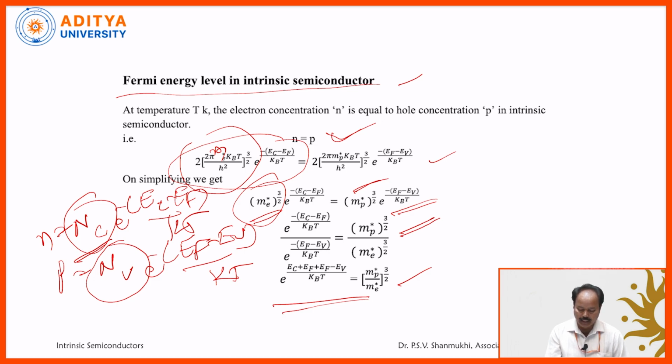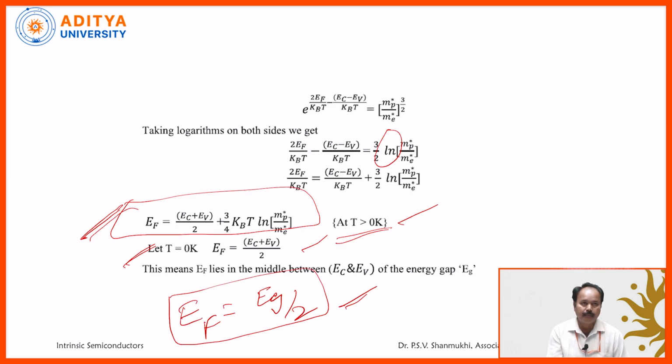Just substituting expressions for n and p, on simplification we get Ef is equal to (Ec plus Ev) by 2 plus 3 by 4 kT log (mp star by me star), and taking T is equal to 0 degree Kelvin, it is (Ec plus Ev) by 2 or Eg by 2, the Fermi energy level.